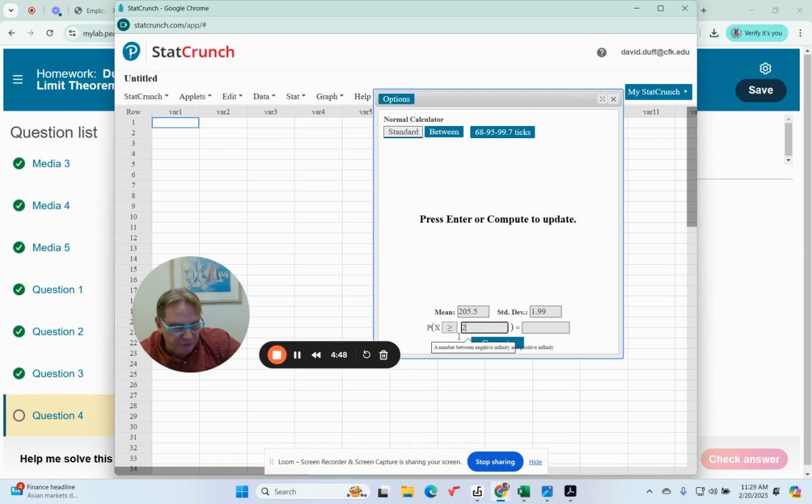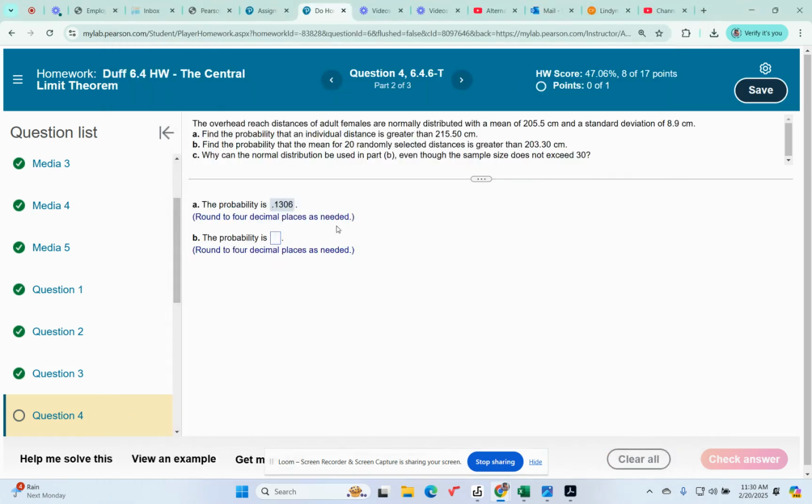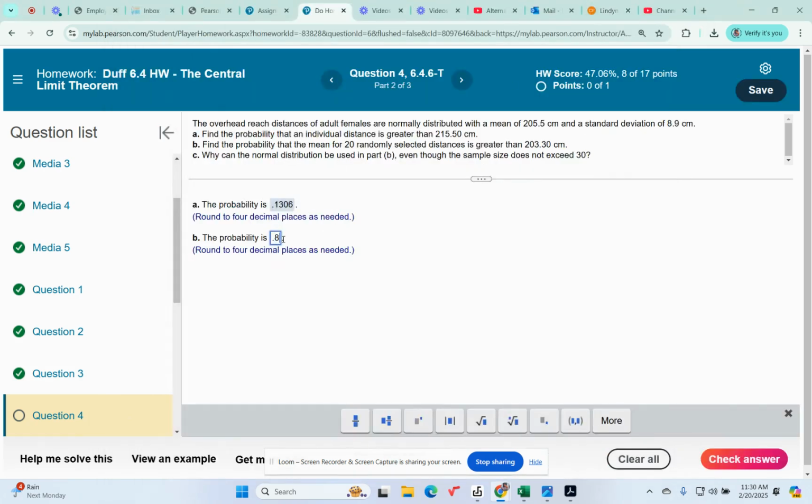So we have to change this to 203.3. Then we hit compute. Now the probability that the mean of 20 reach distances being greater than 203.3 is 0.8655. So let's enter that here, 0.8655.